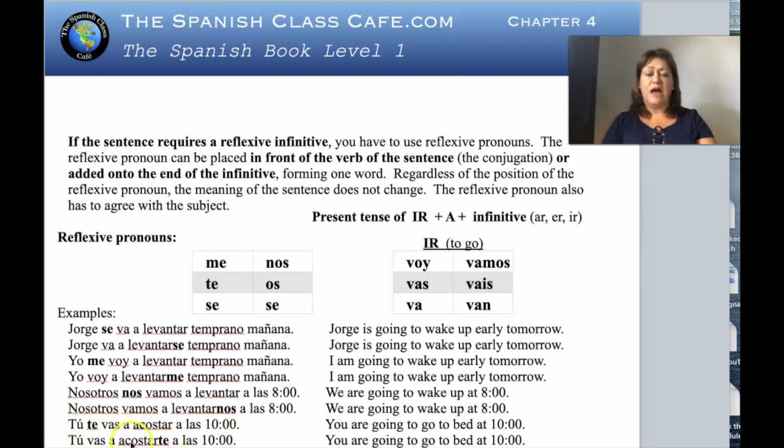Tú vas a acostarte a las 10. You can put it at the end of the infinitive. And both ways, you can choose either one. It doesn't change the meaning of the sentences. And it's easy to make because if you have infinitives, you can talk in future tense.